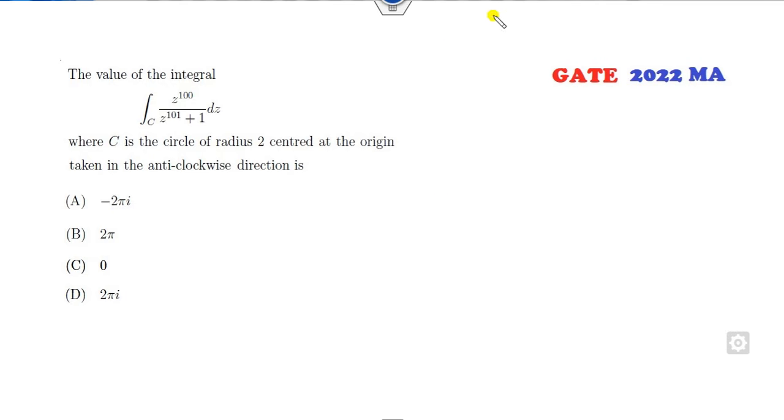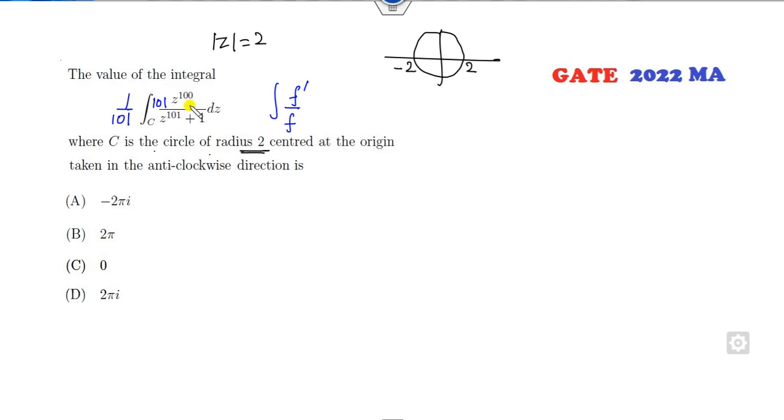Okay, now look at this another one. Again there are the two methods. Firstly, see the circle radius 2, center is origin. So it means this is my circle 2 and here. Now again I can easily see this is nothing but f dash over f. If I multiply and divide by 101, now it's f dash, so which is nothing but n minus p.